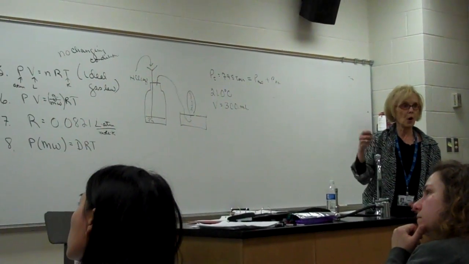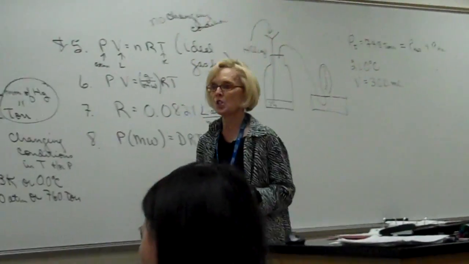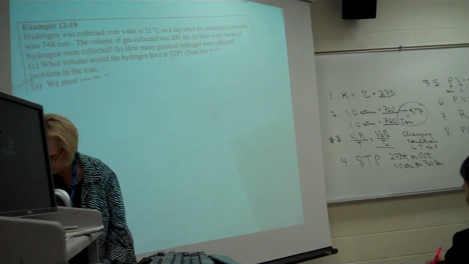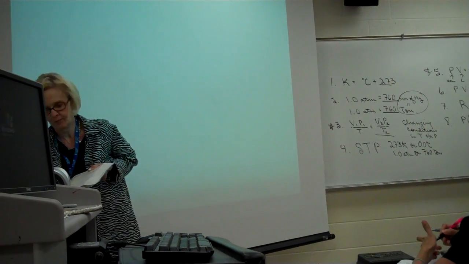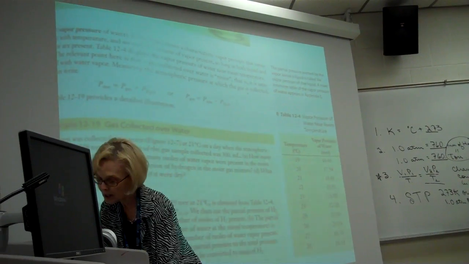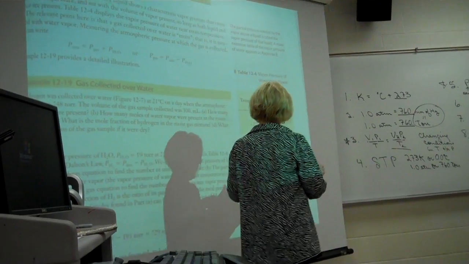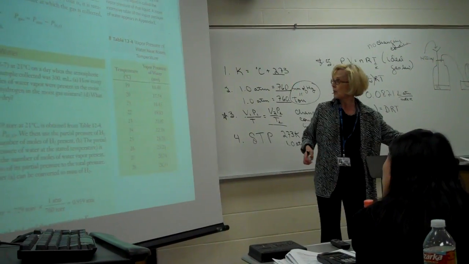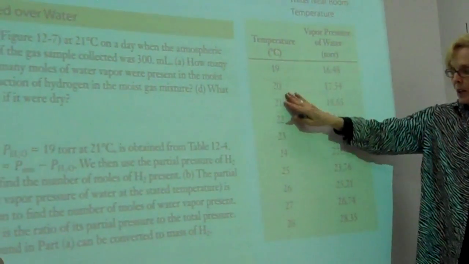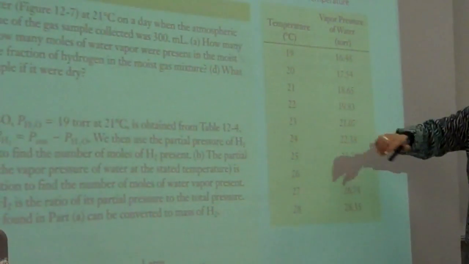collected over water, okay, what we have to do, let me just show you in the text. And this is available. You do not memorize this stuff. I make you memorize enough. Let's see if I can get that table. It is on page 425. And what it tells us on page 425 is the pressure of the water at all these various temperatures. And so what temperature are we working at? 21.